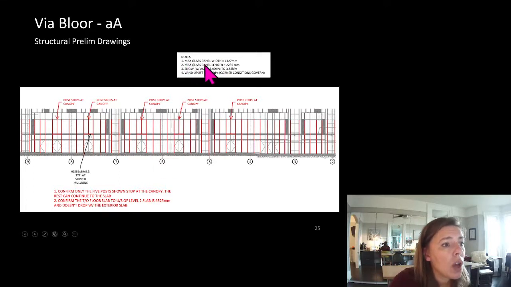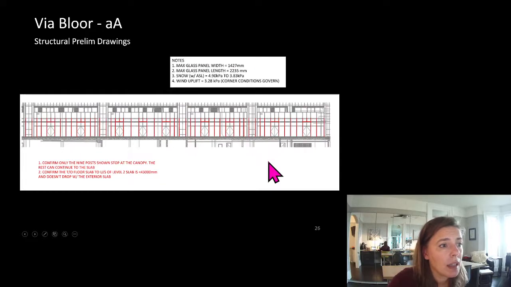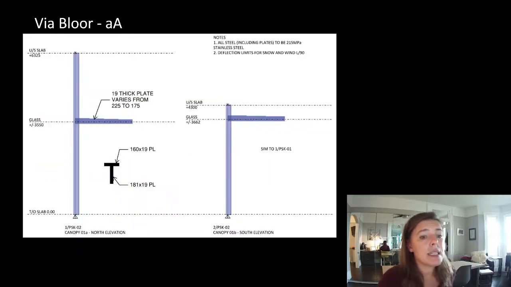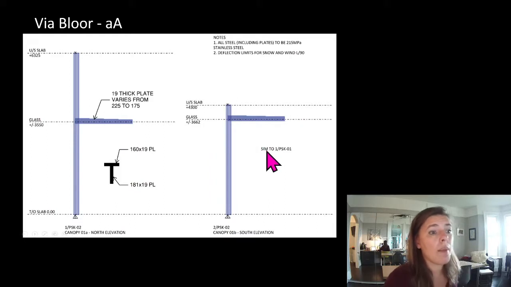So I talked about the maximum distance between supports, the glass panels, the snow load that would be used, and the wind uplift, and that the corner conditions governed. And then this was my feedback back to the architect, and I gave them this preliminary drawing. This is the cross-section of what I was imagining this would look like.